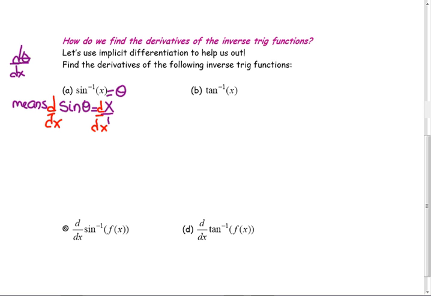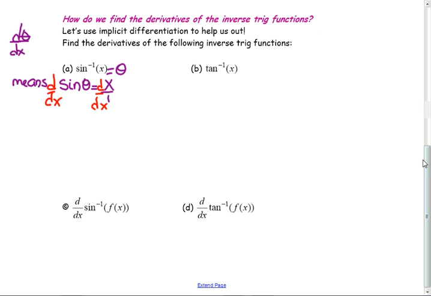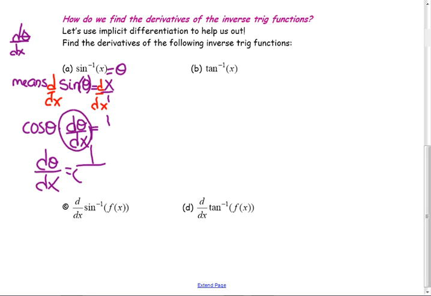I'm hoping you're starting to see the chain rule more and more in implicit differentiation. What's the derivative of the sine of theta? It's cosine of theta times the derivative of the inside function, which is d theta dx, equals the d dx of x, which is dx over dx, which is 1. So if you solve for d theta dx, it's equal to 1 over the cosine of my angle.